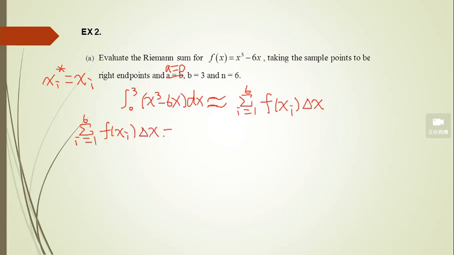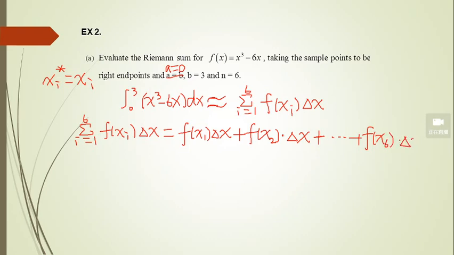So we need to figure out when i is 1, f(x1) delta x plus f(x2) delta x. Just take the values for the index i from 1 to 6, and the last one will be f(x6) times delta x, right?